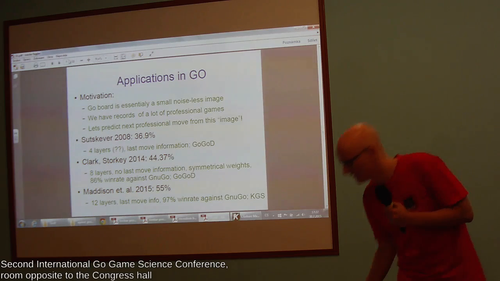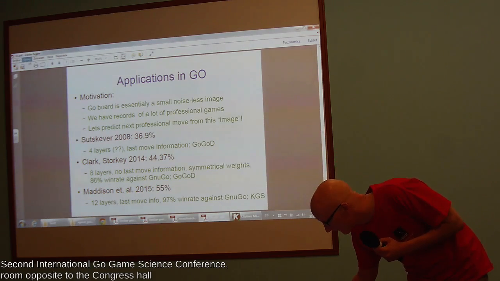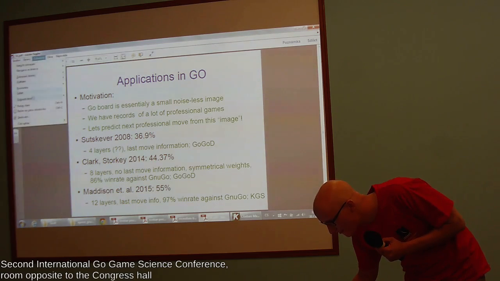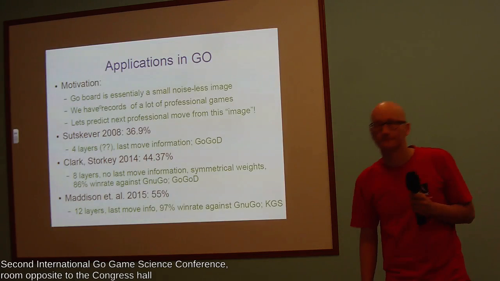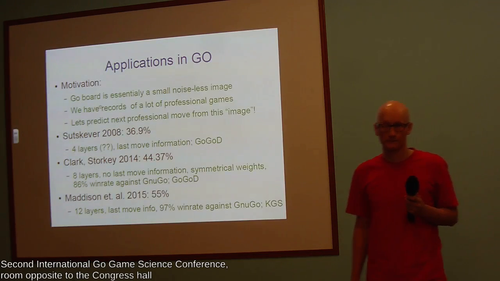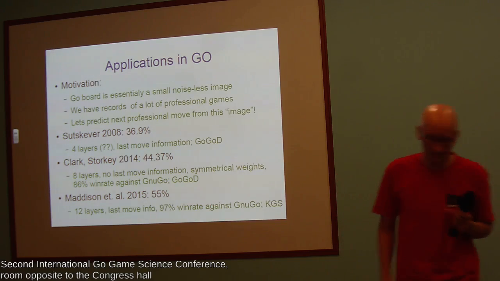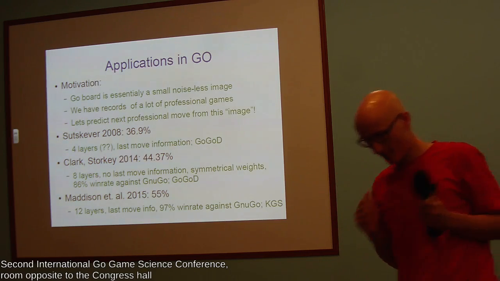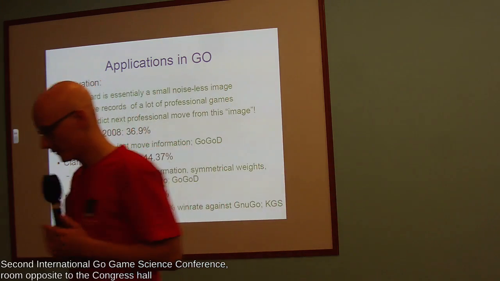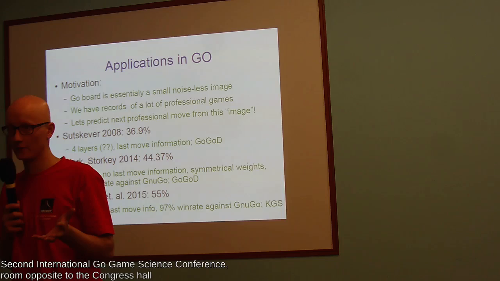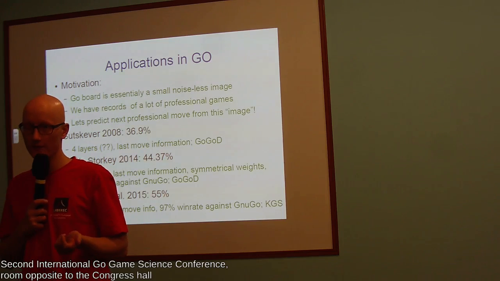Did I understand you right that such a 12-layer neural network, if it is trained, the function to compute the next move is still too slow to use in the Monte Carlo? It depends. It's not particularly slow. It takes like 1 millisecond.